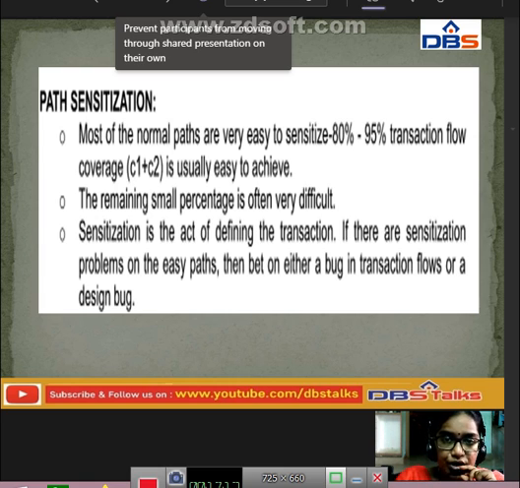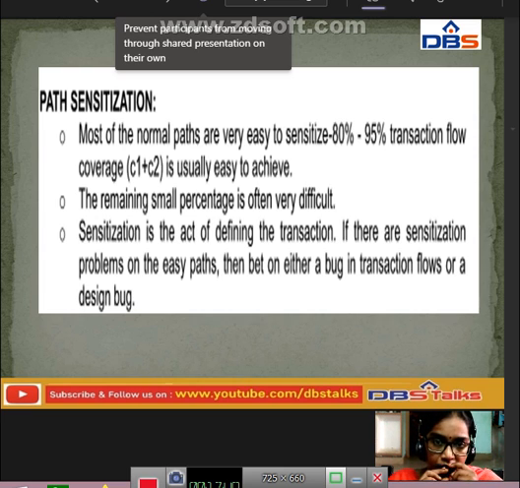Most normal paths are very easy to sensitize. Sensitize means we can exercise that particular path very easily. Why? Because it is a basic normal path, and up to 80%, even 95%, of the transaction flow coverage can be achieved.